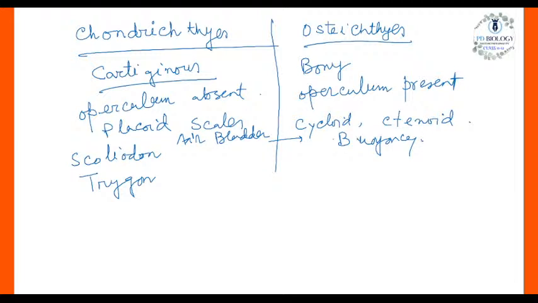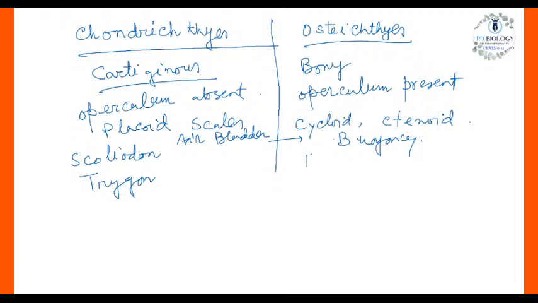In this group, the heart is 2 chambered, 1 auricle and 1 ventricle. They are cold-blooded animals, and their sexes are separate. In Osteichthyes, they are mostly oviparous.